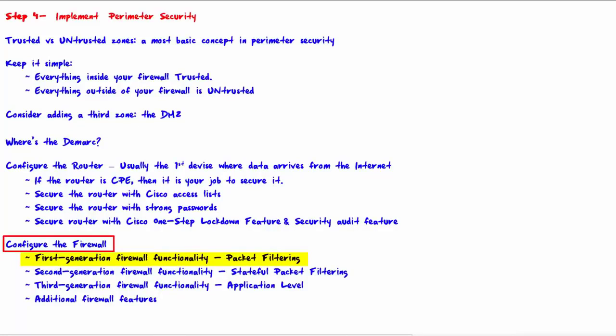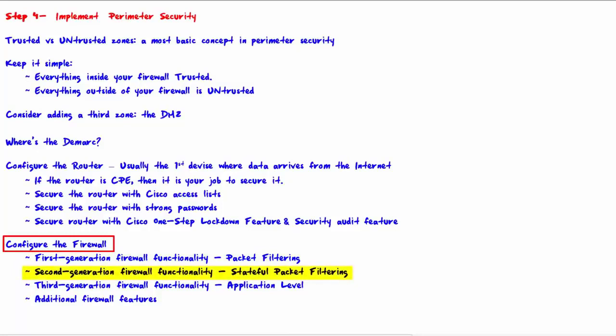First generation packet filtering is pretty much the same as the functionality that you get with Cisco standard and extended access lists mentioned above. Packet filtering occurs at layers 1, 2, and 3 of the OSI reference model.